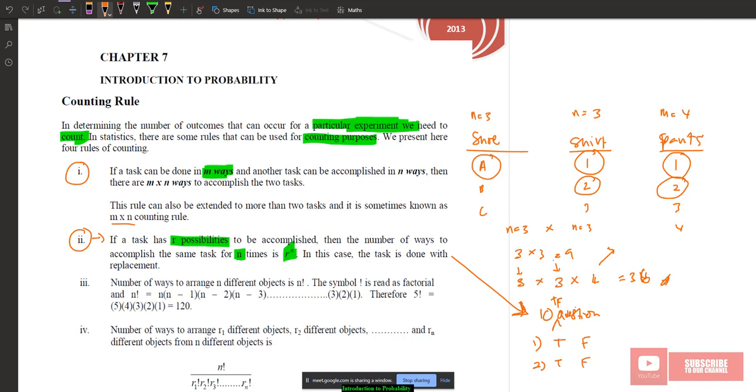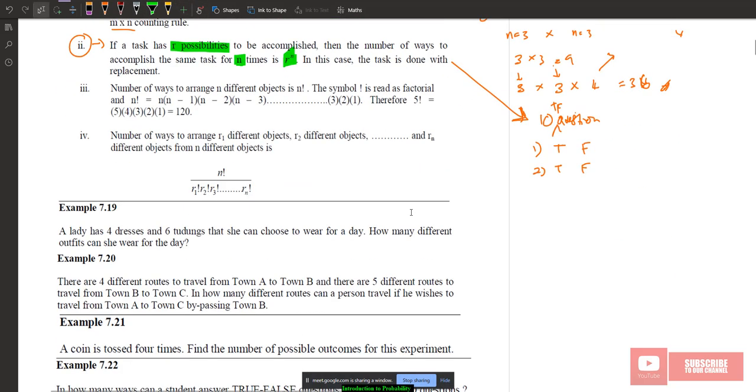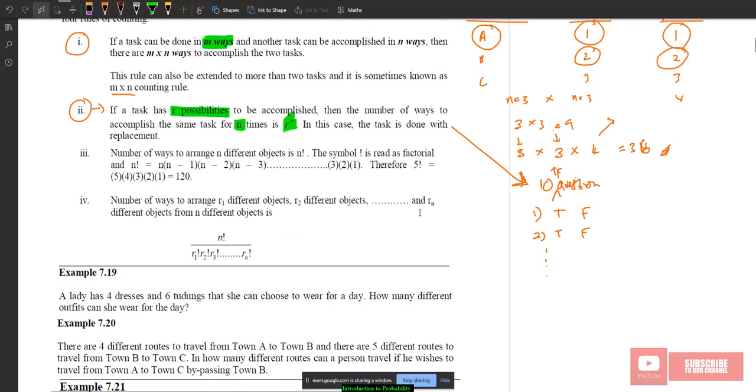So now to know how many possible outcomes from question 1 until question 10, you just need to apply the second formula, which is 2 to the power of 10, right? So 2 to the power of 10 is 1024 possible outcomes, right? Because for the first question you have 2 possible outcomes, you can choose either true or false.